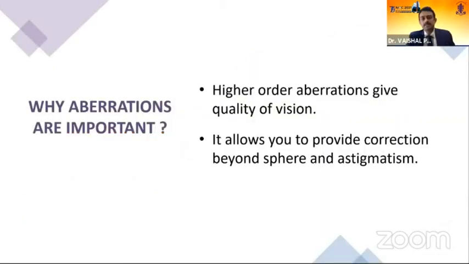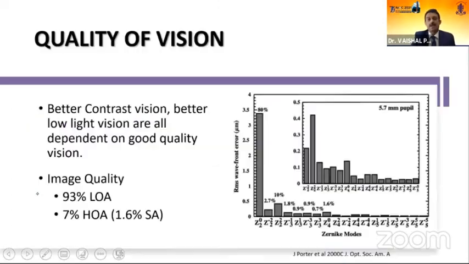So why are aberrations important? In the previous talk, we saw that topography is very important, but higher order aberration is also important to give quality of vision. It allows you to provide correction beyond sphere and astigmatism. Now, what is quality of vision? Quality of vision is for better contrast and better low light vision, and it is dependent on lower order aberrations.